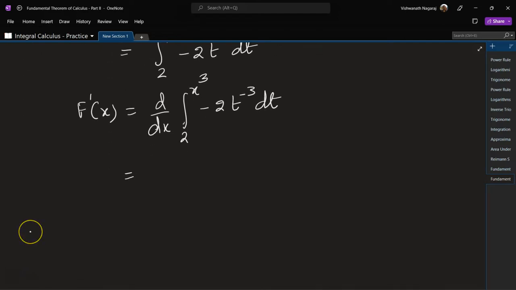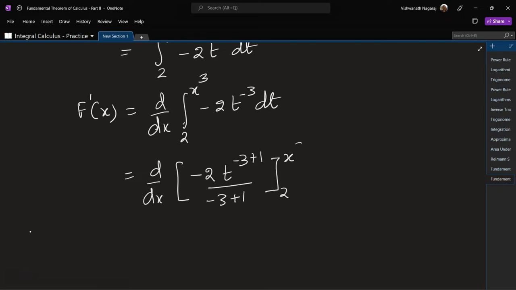Now let's first do the integration: d by dx of minus 2 t to the power of minus 3 plus 1 by minus 3 plus 1 from 2 to x cube, which gives us d by dx of minus 2 t to the power of minus 2 by minus 2. Now minus 2 cancels, from 2 to x cube.